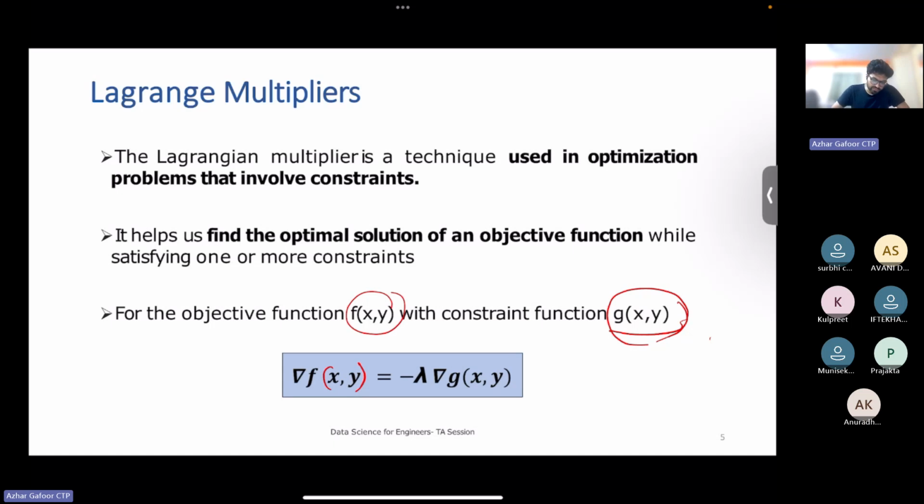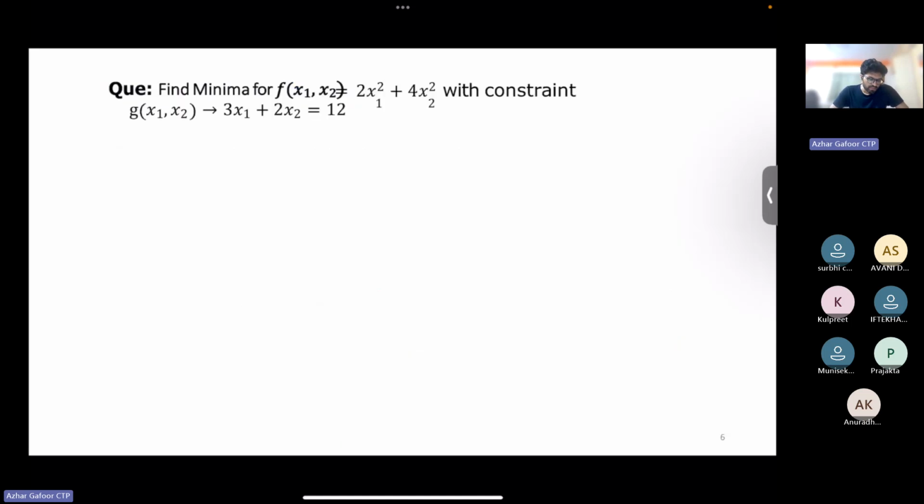Then we can write the derivative of f of x, y equal to minus lambda times the derivative of g of x, y. This lambda is called the Lagrange multiplier. Let us first solve a problem and see how we can find the solution in the problem which we have already seen.